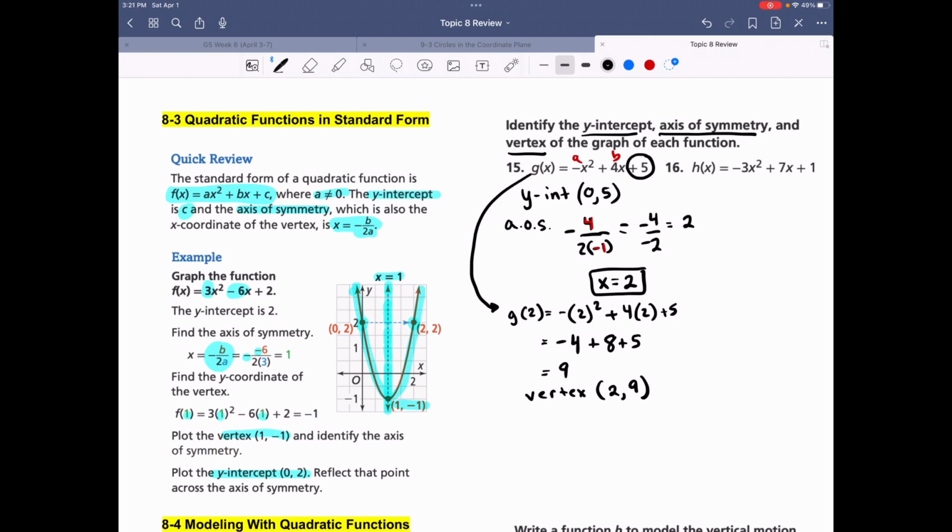And now we can graph that using these points and this axis of symmetry. So we'll do a little graph. I'm going up to 9, and my axis of symmetry is here at 2. And then our y-intercept is (0, 5).